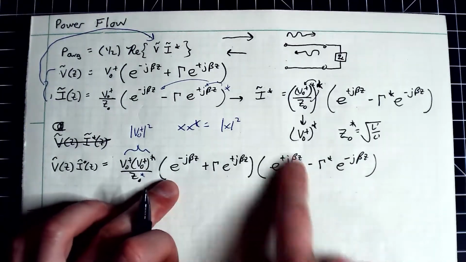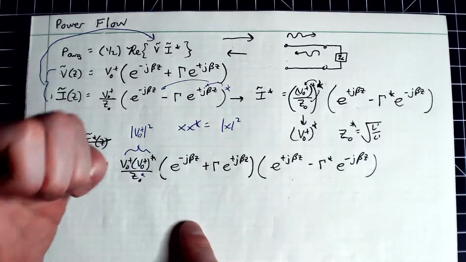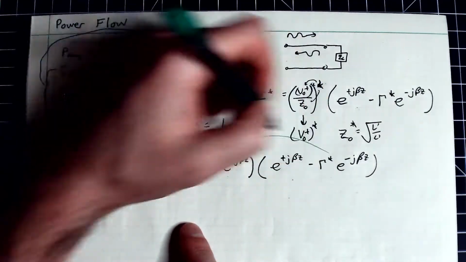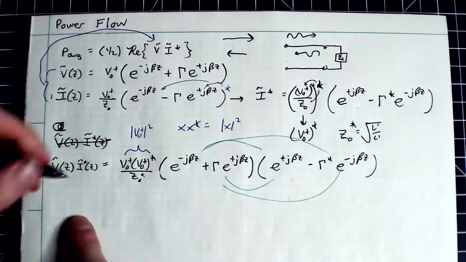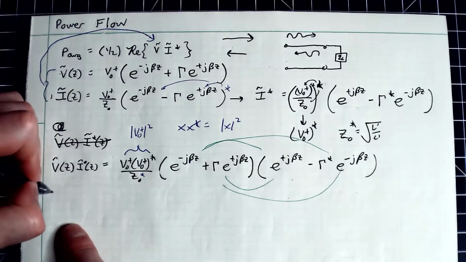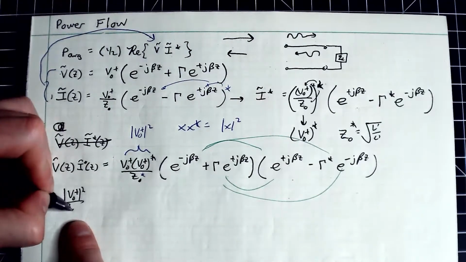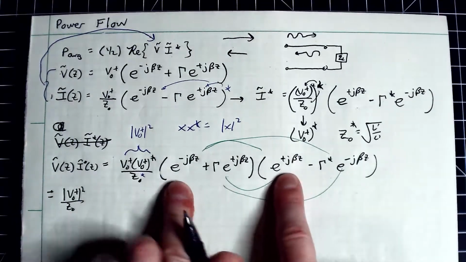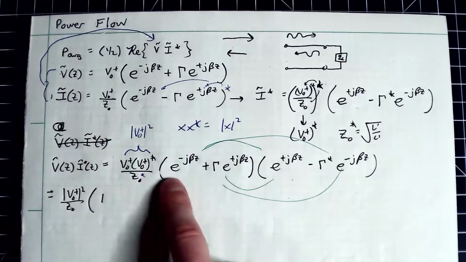And then we've got to distribute all of these terms here. Okay, so remember our first, outer, inner, last. So let's write this out. I'm going to get equals magnitude of v naught plus squared over z naught. So these guys here, you notice these multiply together to just give you 1.